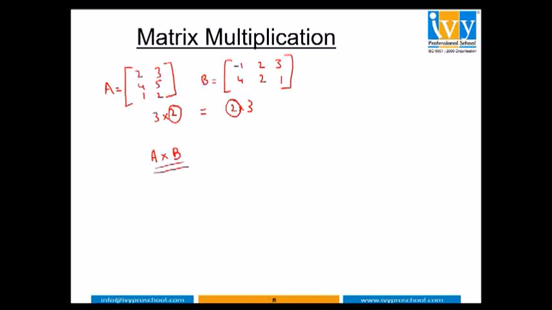So let's just take this one step at a time. So A cross B will be equal to what? So another thing to keep in mind is the result of a matrix multiplication is always this cross this.